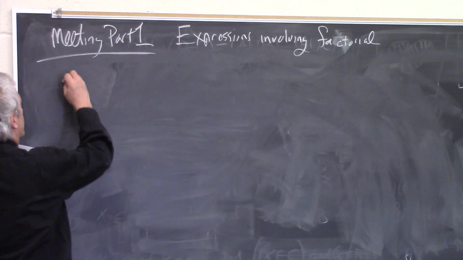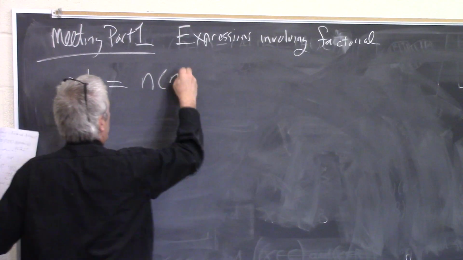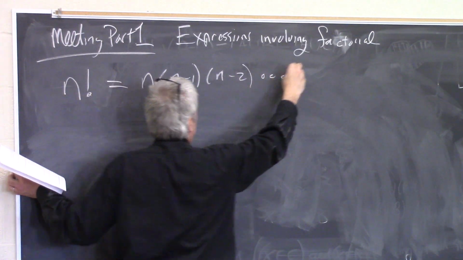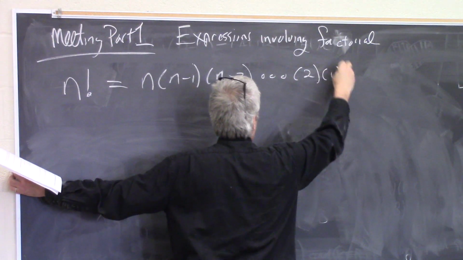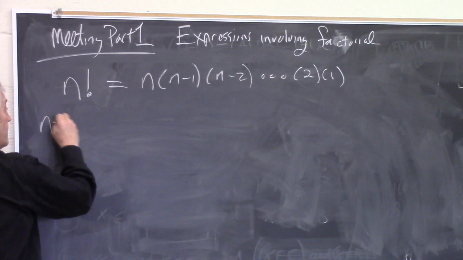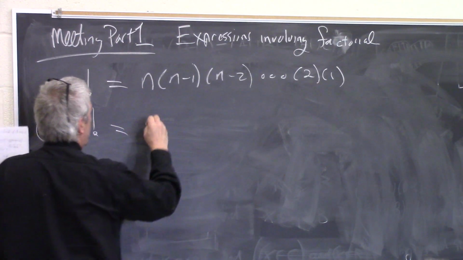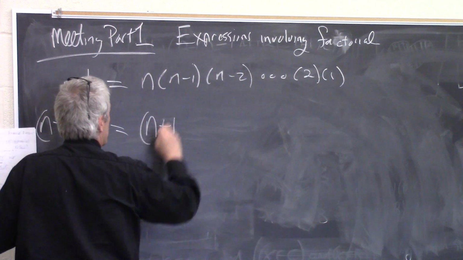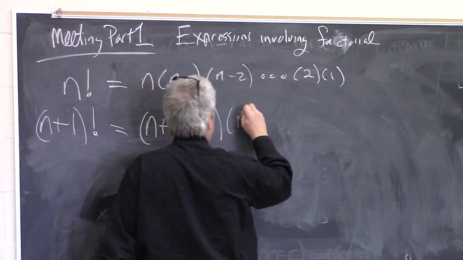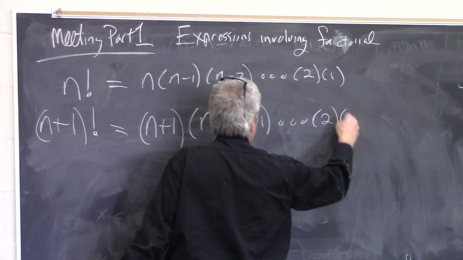So remember that n factorial means this: n times n minus 1 times n minus 2, all the way down to 2 and 1. And so n plus 1 factorial would be the same idea, n plus 1 times n times n minus 1, all the way down to 2 times 1.